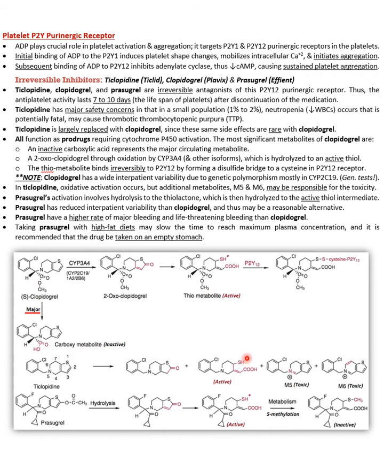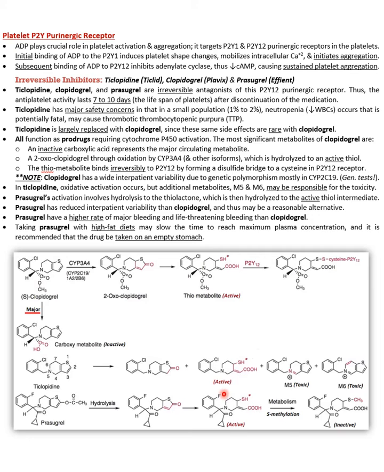Now, the star here shows the binding site with the receptor. So the same here, it binds with P2Y12, even though I did not draw the picture, the same concept applies here, and it irreversibly binds to this receptor. And the same happened with prasugrel.